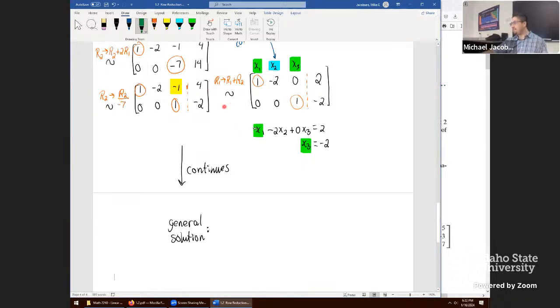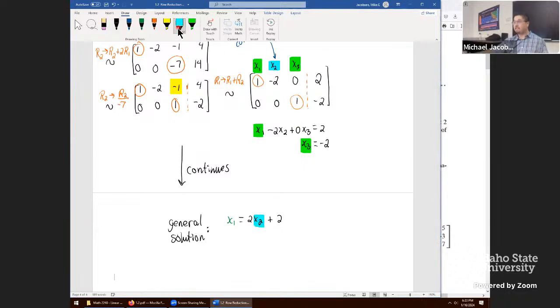Okay, now going down the line, start with x1. We'll solve this one and say x1 is going to be equal to, add 2x2 to both sides, and plus 2. 0x3 eliminated, so all I've done is added 2x2 to both sides.